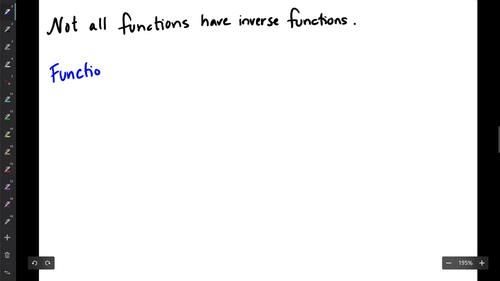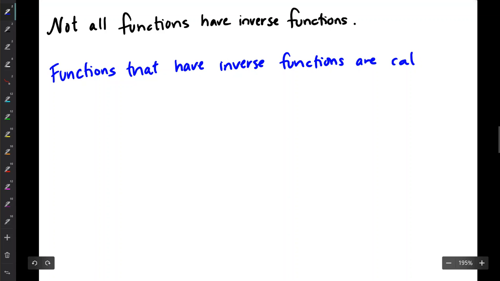Functions that have inverse functions are called one-to-one. Just some vocabulary.